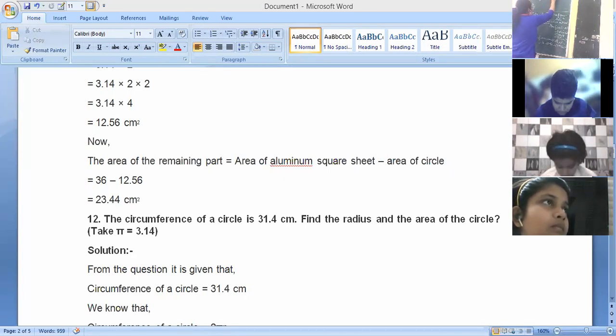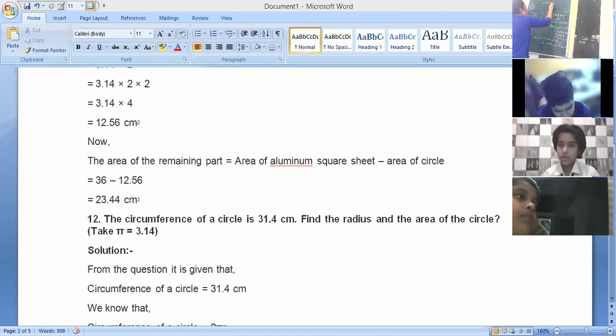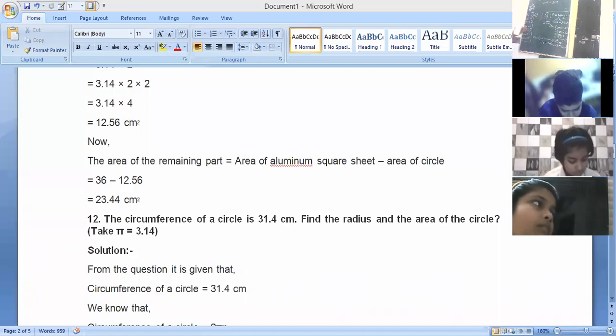Circumference of a circle is given 31.4 centimeters.